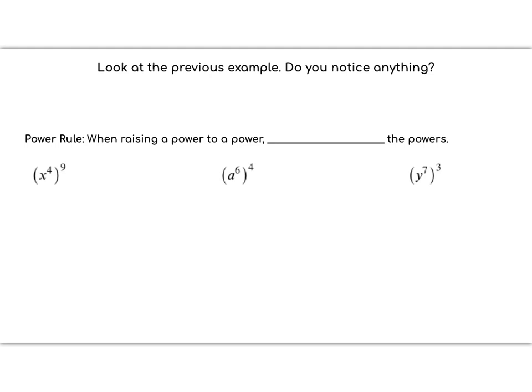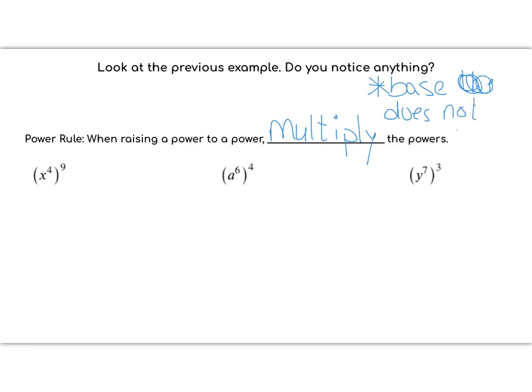Did you notice that every time we multiplied the powers? 2 times 3 was 6. 2 times 5 was 10. 2 times 4 was 8. Okay? Now, the base didn't change. That's important. We're not changing the base. The only thing that changes is the exponent.